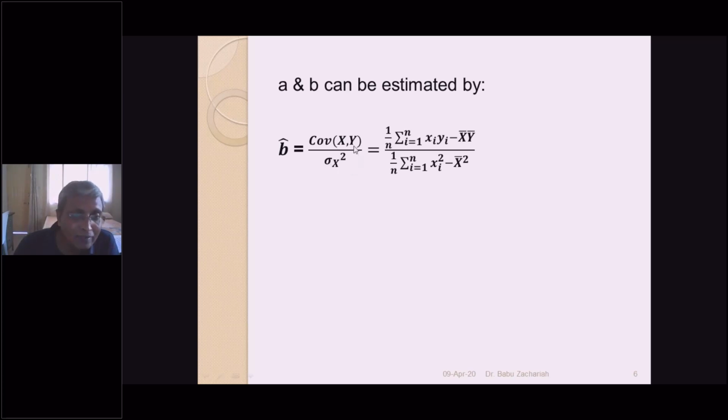See, this formula is somewhat similar to the correlation coefficient formula. In the correlation coefficient, we had covariance between X and Y divided by sigma X into sigma Y. Remember? Here it is slightly different: covariance between X and Y divided by sigma X square. Sigma Y is not there. The expanded formula is given here as it was given earlier. And the formula for a hat is Y bar minus b hat times X bar.